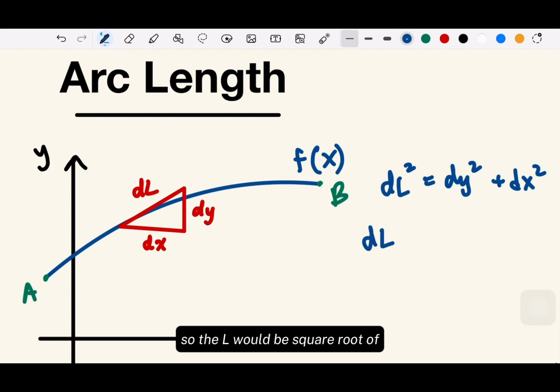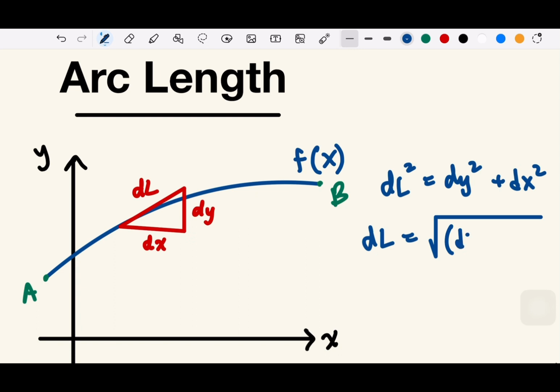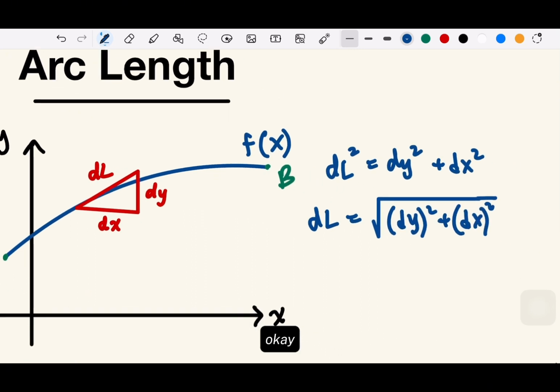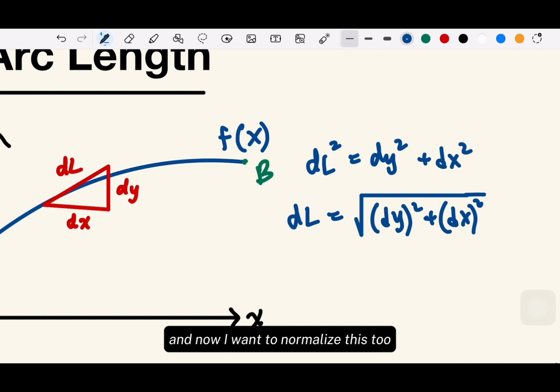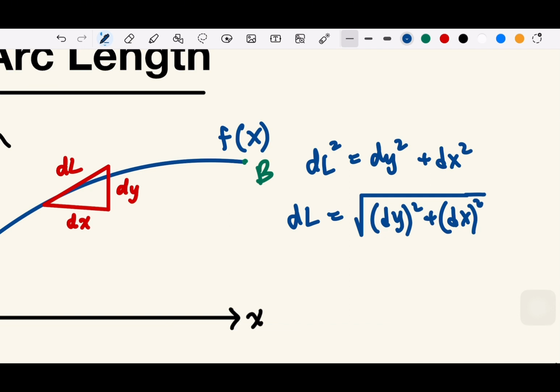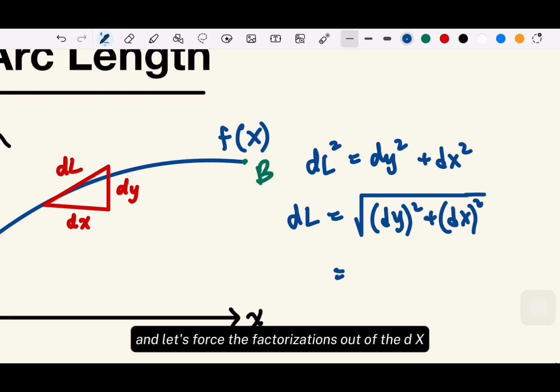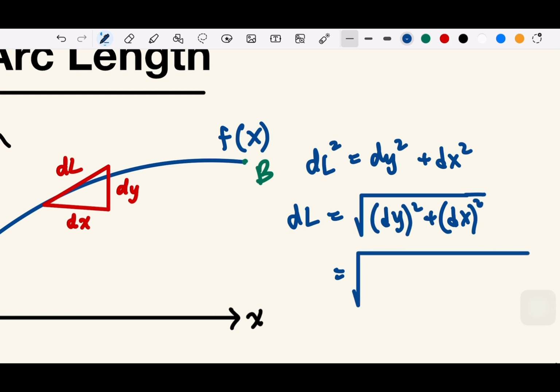So dl will be the square root of dx squared plus dy squared. And now I want to normalize this too. Let me normalize that. And let's factor out the dx squared.